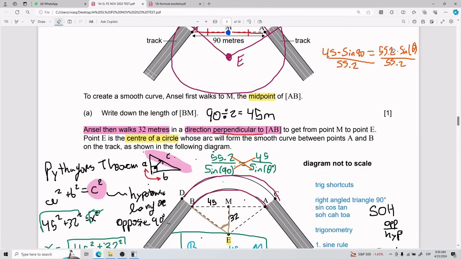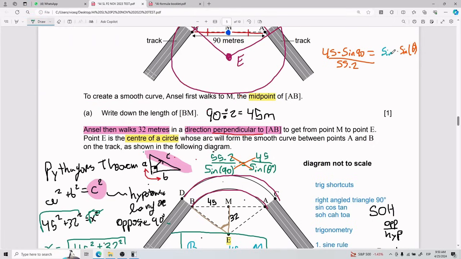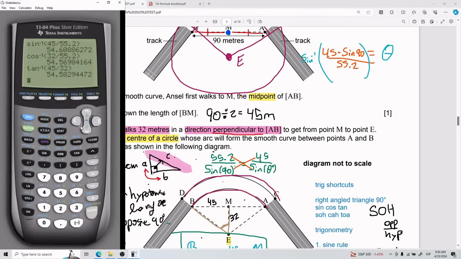So that means that this goes away with this. In order to get theta alone, you can do sine inverse once again. So sine inverse of all of this and sine inverse of all of this. So that means that with the sine inverse, this goes away with this, and boom, you end up with only theta. So theta is going to equal all of that, which yes looks nasty, but trust the process, it's going to work out.